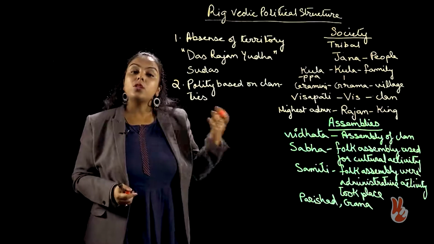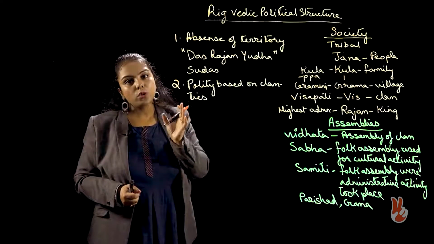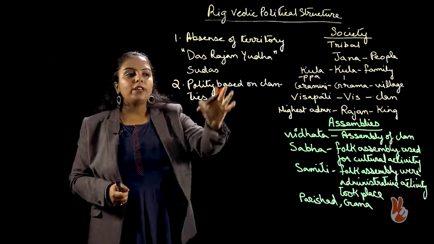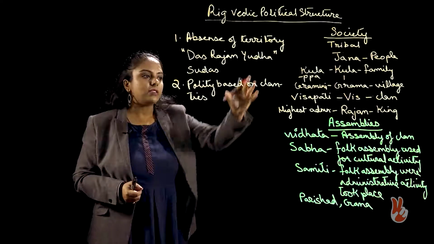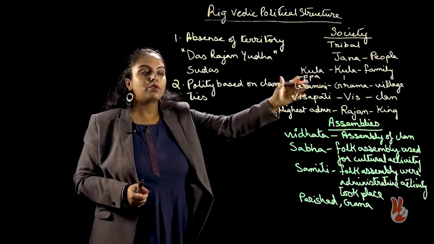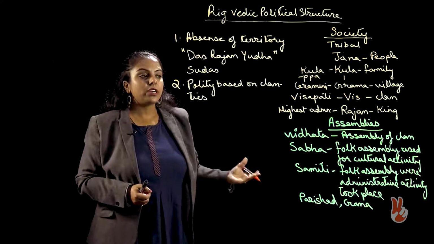That is why he is also given the term Gopa Janasya, meaning he has to be the protector of cattle as well as the people. So, polity was based on clan ties, as we have already seen. The basic unit was Kula, and then it keeps on expanding to Gramini, Visapati, and the highest administrator is Rajan.